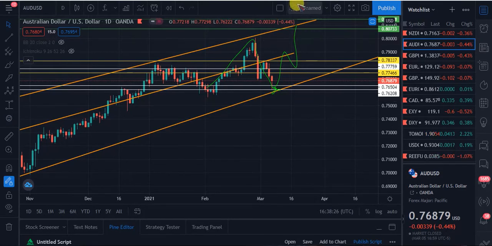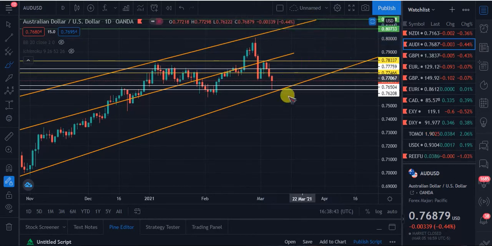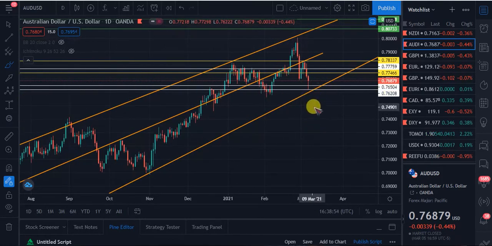I'm expecting AUD to buy from there, move up, go down a little bit, then break up and continue like that, touch this resistance trend line, then later come down again. So I'm expecting a buy trade from AUD this coming week, and if AUD should break this particular trend line, that means you should be expecting a sell trade from AUD.